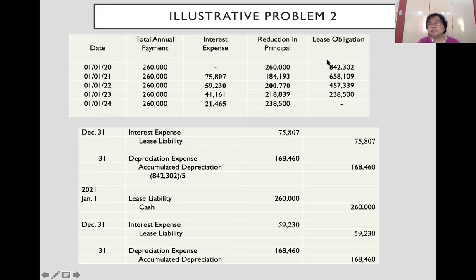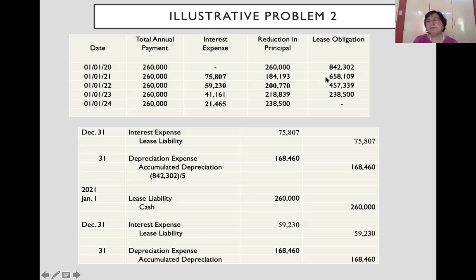So the basis for the computation of the interest is this starting point. So this is 9% of 842,302. So that's 75,807 deducted from 260. Therefore, the amount that will be applied to reduction in principal is 184,193.